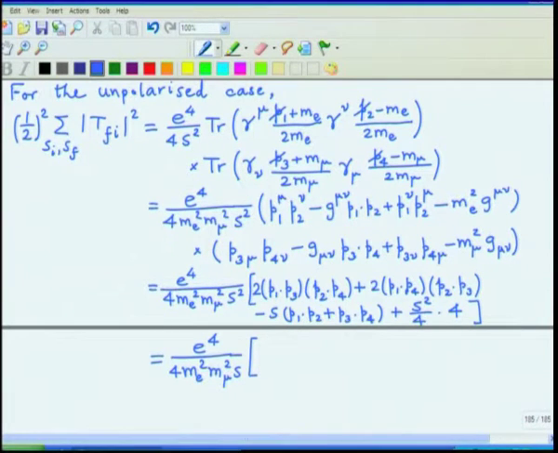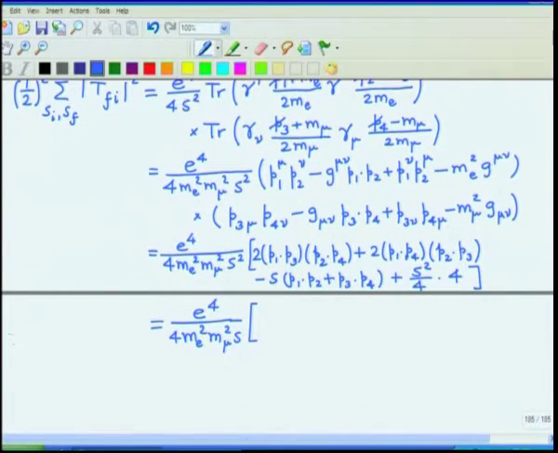To do that, we have to look at the geometry in the center of mass frame, where one can take P1 and P2 colliding along one axis, and after that P3 and P4 emerging along another axis, and the two sets of directions make an angle theta.